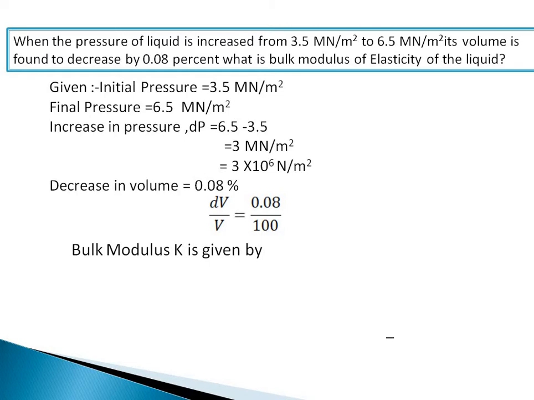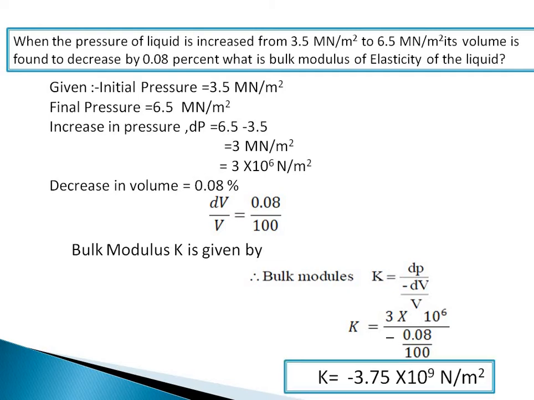So K equals minus dP divided by dV by V. So it's 3 into 10 to the power 6 divided by minus 0.08 into 10 to the power minus 2. So K can be given as minus 3.75 into 10 to the power minus 9 newton per meter square. So the bulk modulus of elasticity for the liquid is minus 3.75 into 10 to the power minus 9 newton per meter square.